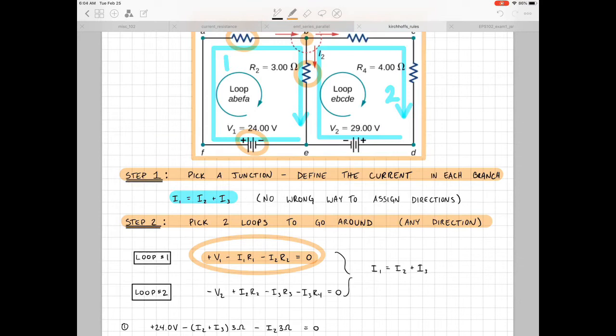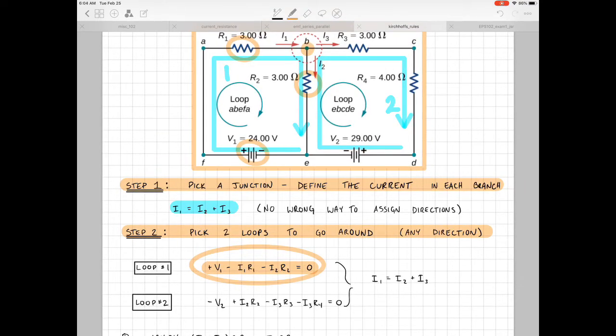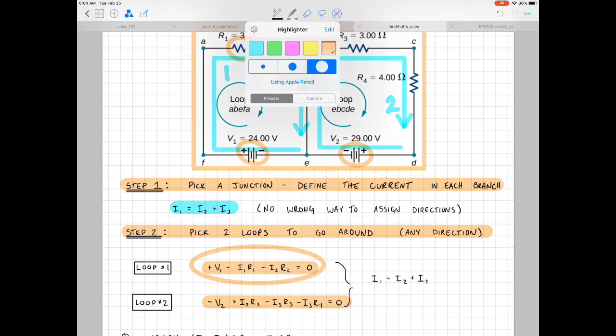Now for loop 2. The first thing I do is I go through the battery, V2. Notice I'm going in the direction that goes from positive to negative, so that actually corresponds to a minus V2. That corresponds to a voltage drop as I go through the battery in that direction.